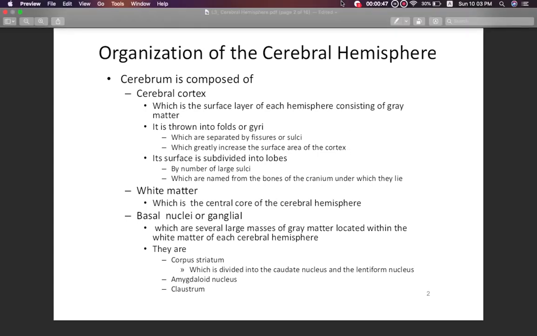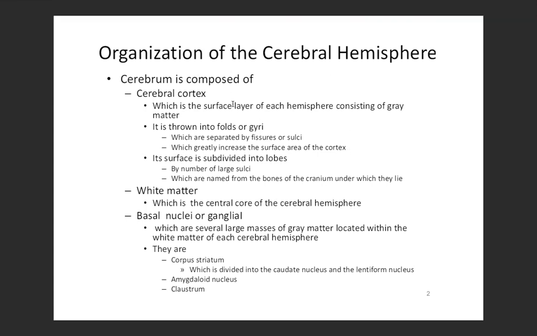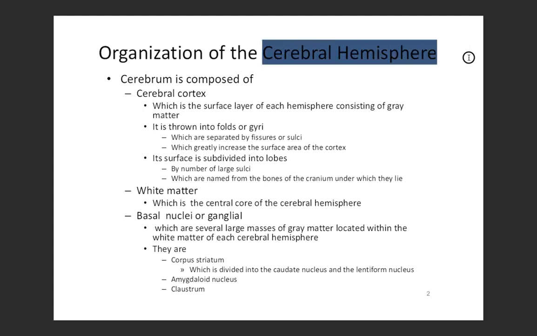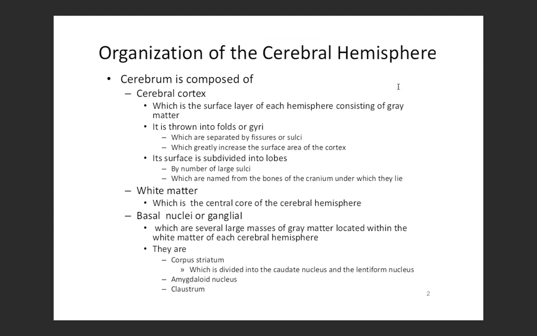Today we are going to talk briefly about the organization of the cerebral hemisphere. As we know, the brain is composed of three major categories: the midbrain, the hindbrain, and the forebrain. The hindbrain is composed of the pons, the medulla, and the cerebellum. However, the forebrain is the most superior, or the most dorsal part.